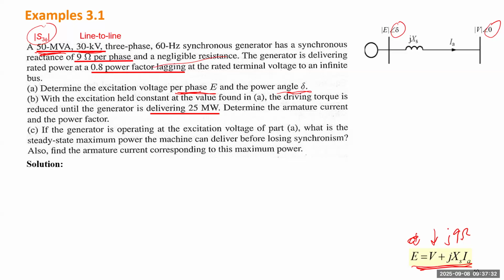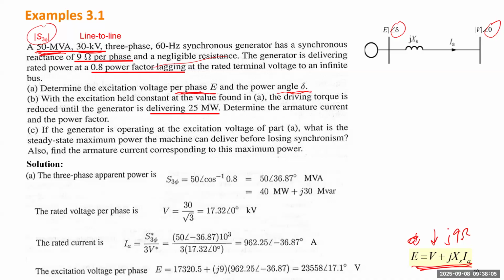The second question: if we keep the excitation constant at the value from A, and the driving torque is reduced until the generator delivers 25 megawatts, determine the armature current and power factor. The third one: if the generator operates at the excitation voltage of part A, what is the steady state maximum power the machine can deliver before losing synchronism? Basically, just utilize the formulas from previous slides.